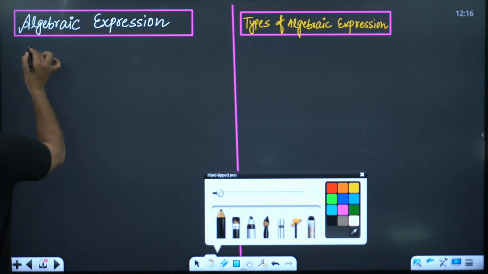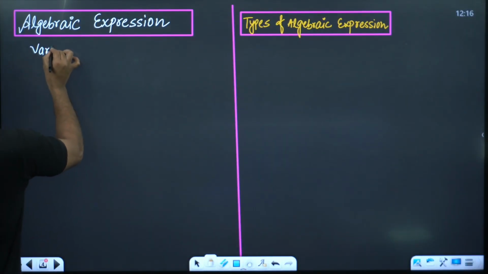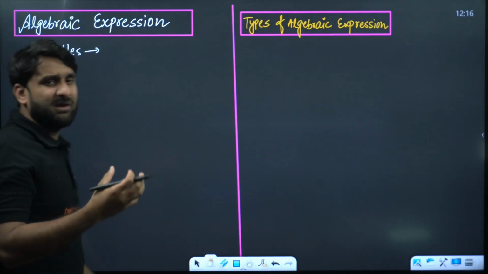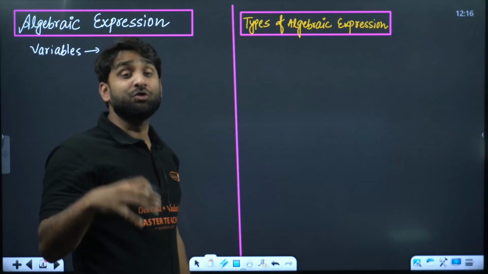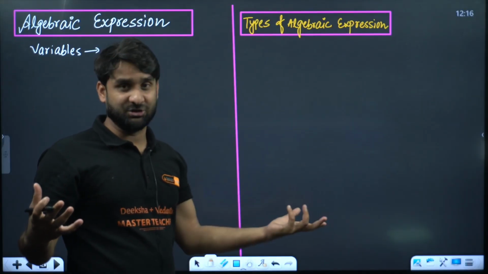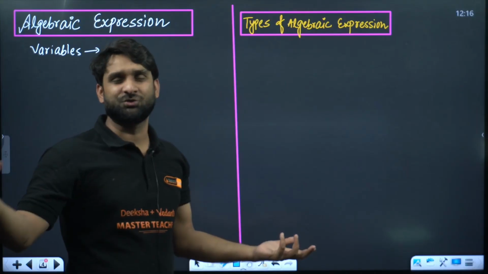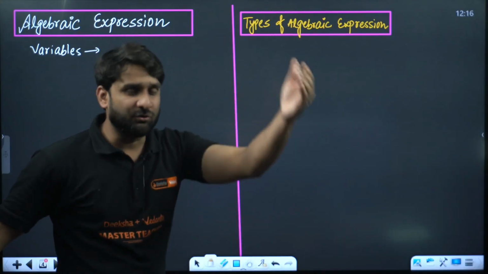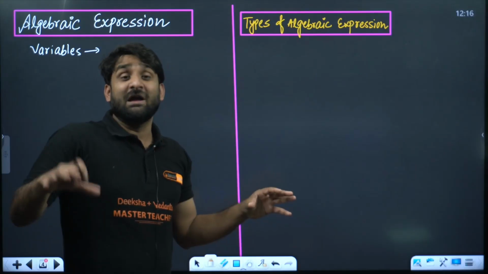So first understand what are called variables. My dear champions, variables are basically letters in the form of x, y, z, whose values are not fixed. They can be anything as per the situation, as per the condition. Sometimes x will be 2, sometimes x is equal to −4, sometimes y is equal to 4, sometimes y is equal to 3/2, whatever. So their values are not fixed.